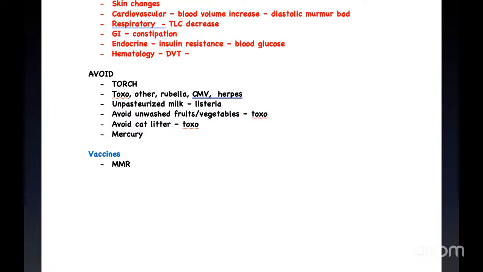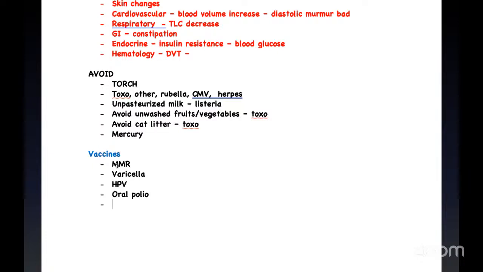MMR, right? She should not get varicella. Those are all live vaccines. She should not get HPV. These are live vaccines. She should not get oral polio.